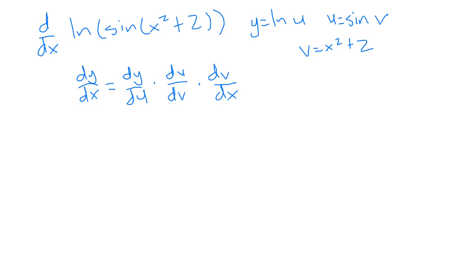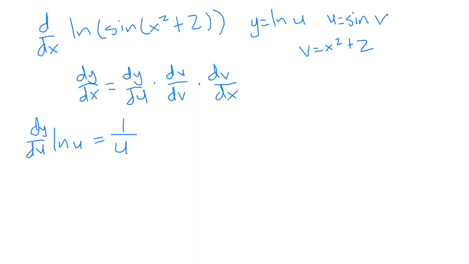Now let's see what we have with each of our rules. We know that dy over du of natural log of u is just 1 over u, based on our natural log rule.